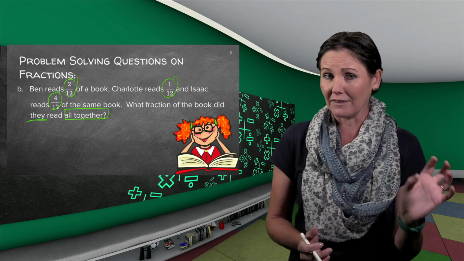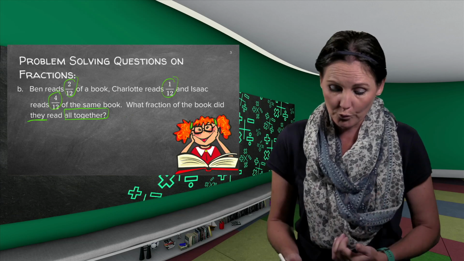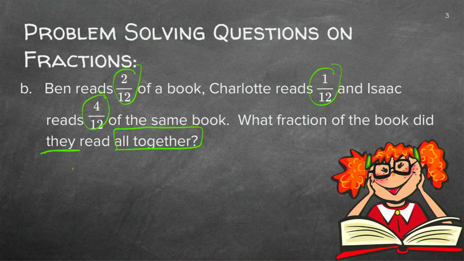They're asking all together, which means I have to add all 3 of the students' parts. So Ben read 2/12, Charlotte read 1/12, and Isaac read 4/12 equals. So that is my number sentence that I have to write.